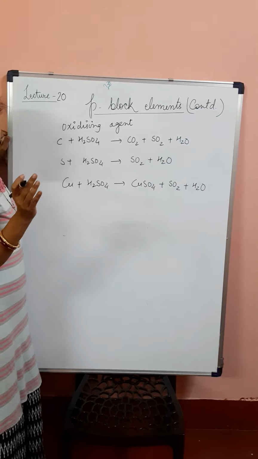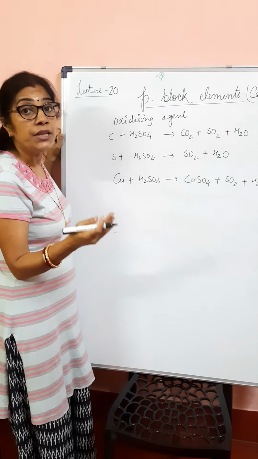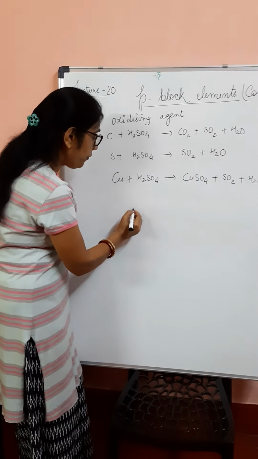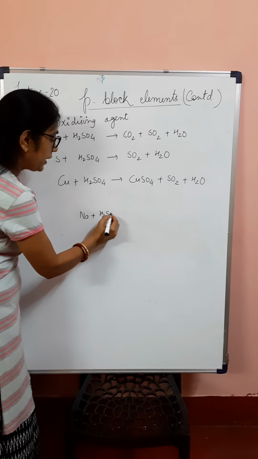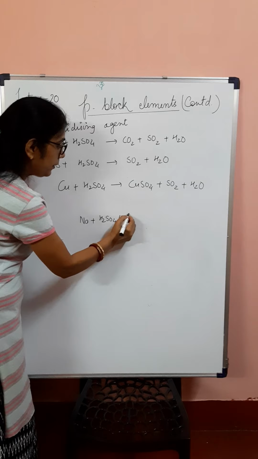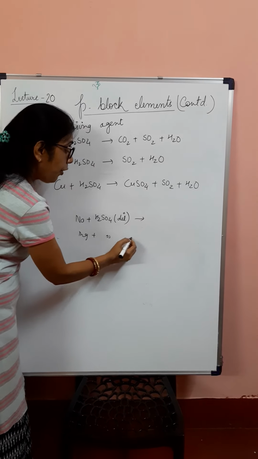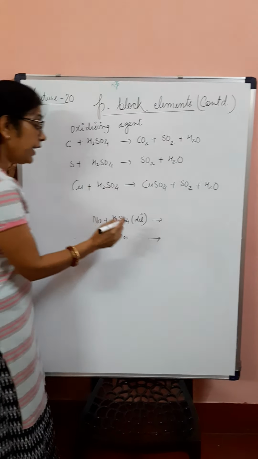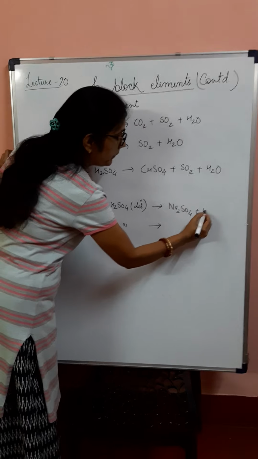And when we talk about the reactive metals like sodium, potassium, magnesium, etc., then along with dilute acids, like sodium with dilute sulfuric acid, magnesium with dilute sulfuric acid, they form their respective sulfates along with the liberation of hydrogen gas.